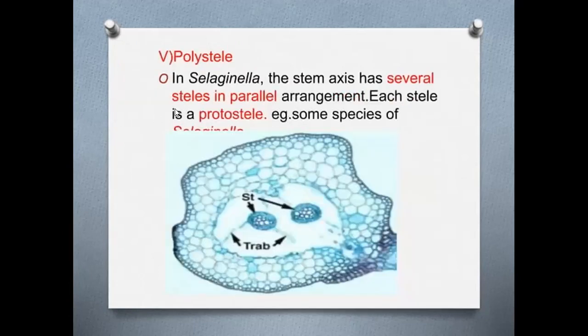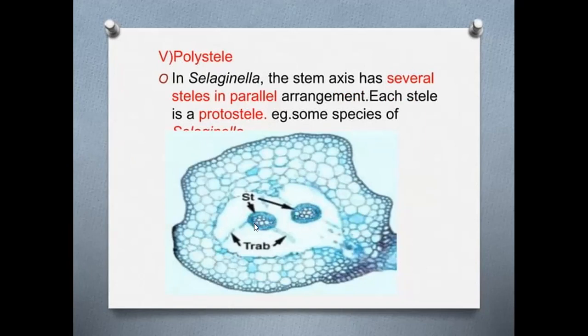Next, a polystelic condition, we observed it in the Selaginella, where we can see the presence of several steles which are arranged in parallel manner. That is, this is one protostelic condition. This is another protostele. So these protosteles are poly. Poly means many. Presence of many protosteles. So this is one protostele here.